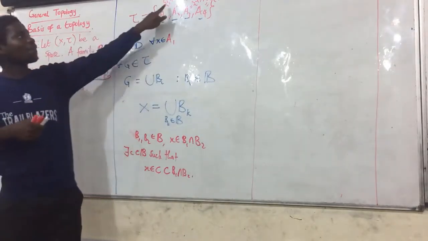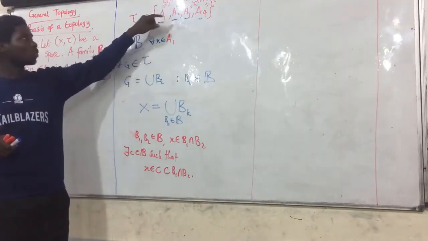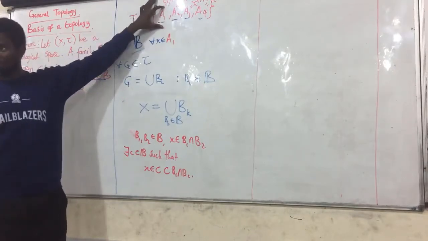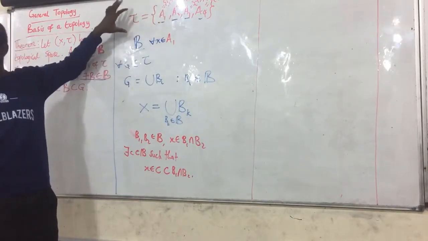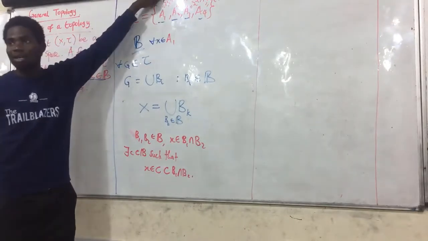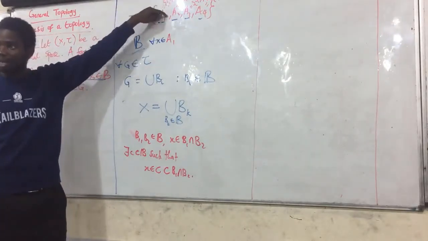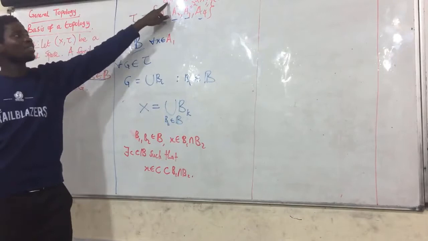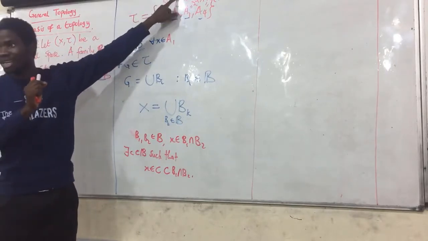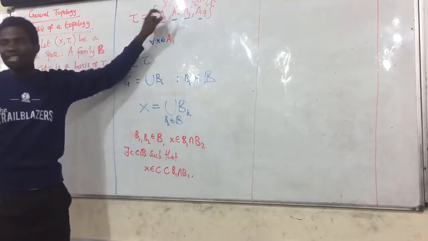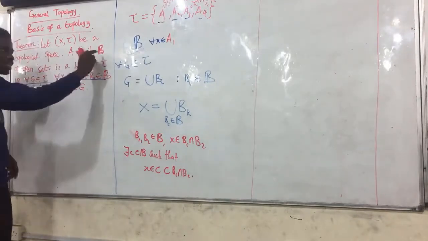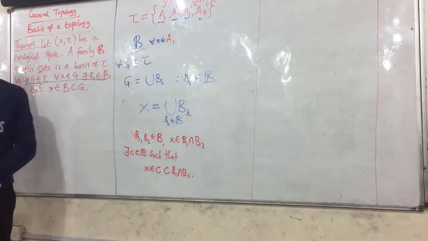So if I pick A1 first, A1 is an element of the topology, and 1 is an element of A1. It means that any element I pick inside here will be inside an element in this basis.